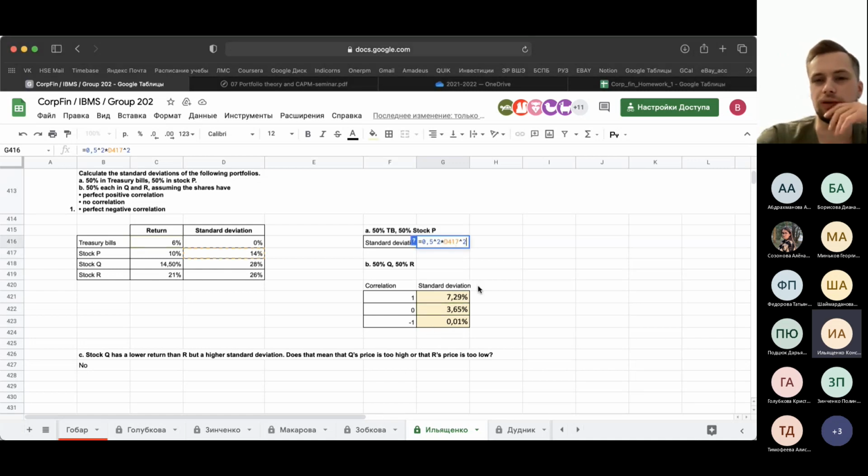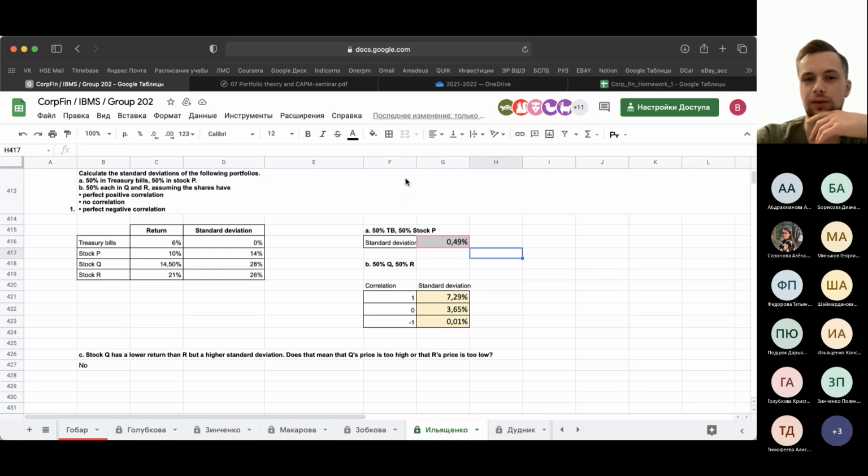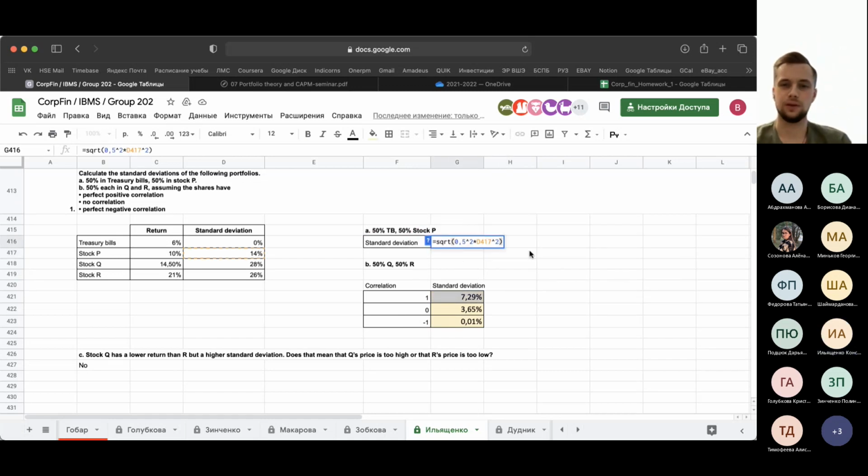But what you have calculated is actually the variance, probably, not the standard deviation. And you square it. Yeah, like this. So it's the square root of.